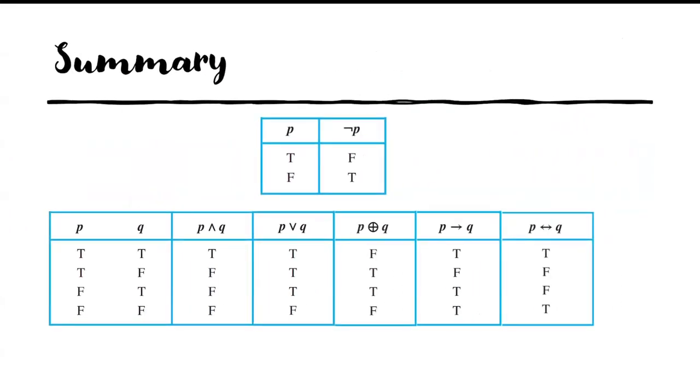Okay, and a summary of all the operations we did on propositional logic. We talked about negation: to negate a proposition, you just flip the truth value. Then the conjunction, which is only true when both statements are true. The disjunction is only false when both of them are false. Then we have the exclusive or, where exactly one of P and Q is true, which means they cannot be both true and cannot be both false.